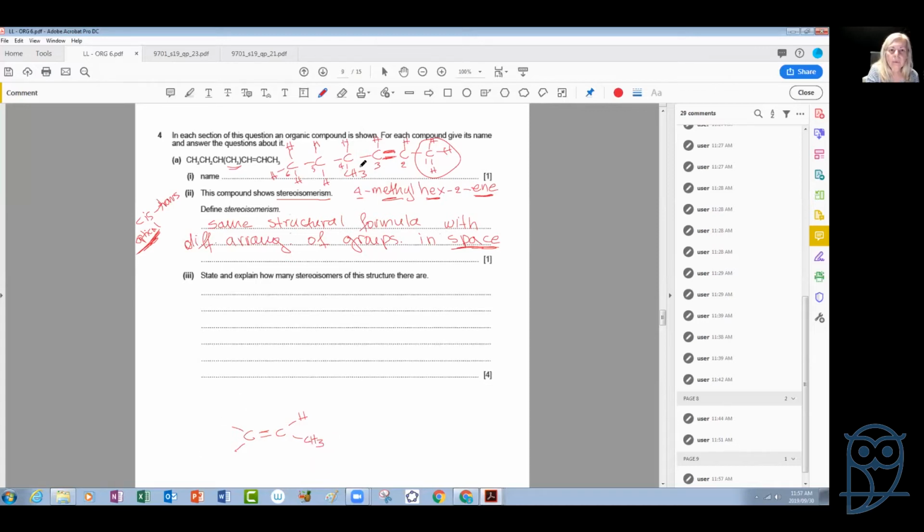And on the other side, on this carbon, we have one hydrogen, and the other one is all this, let's call it R, some kind of alkyl group.